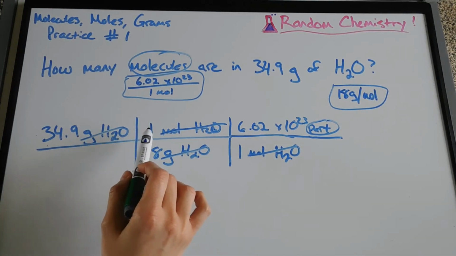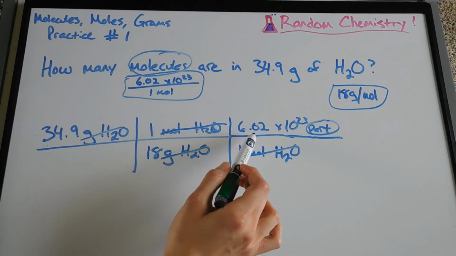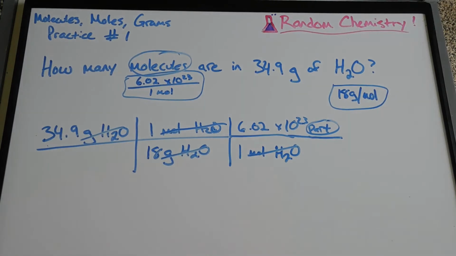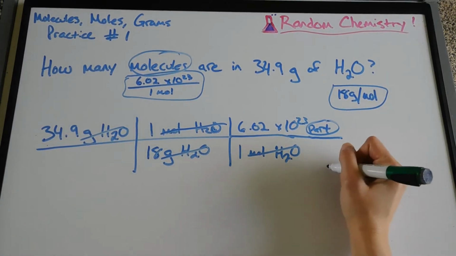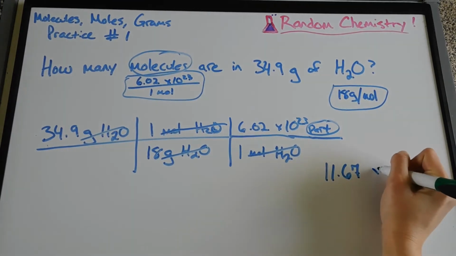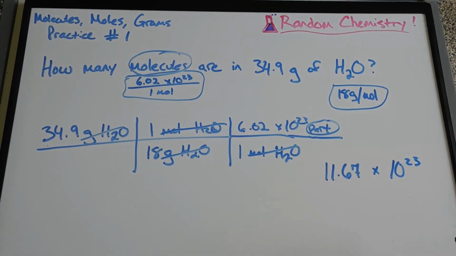34.9 times 1 divided by 18 times 6.02 divided by 1. When I put that into my calculator, I get 11.67 times 10 to the 23rd. Now this isn't in scientific notation, so even though it's the correct answer, your instructor might mark you off for it.